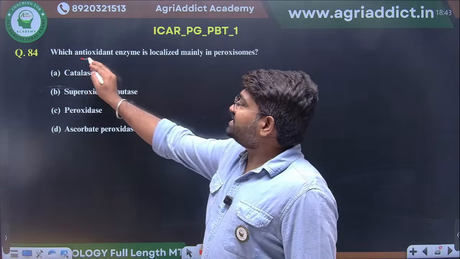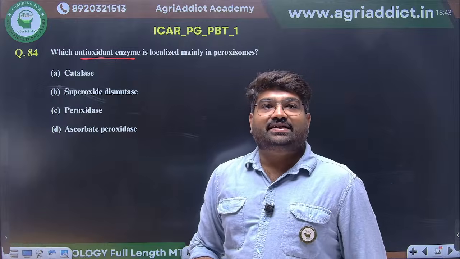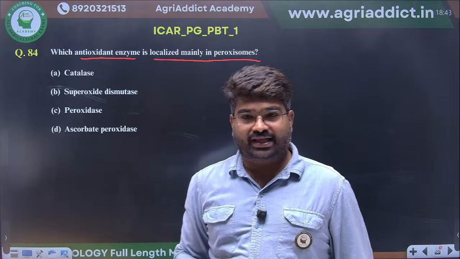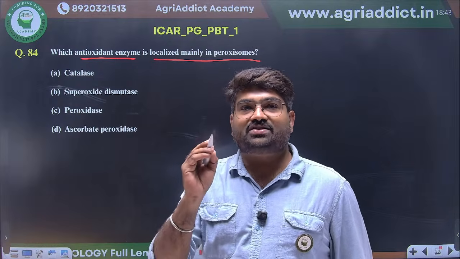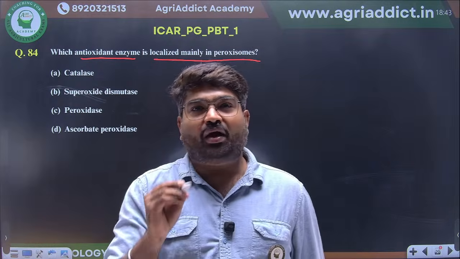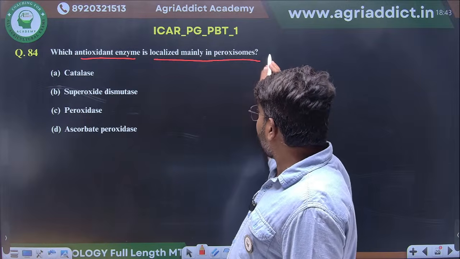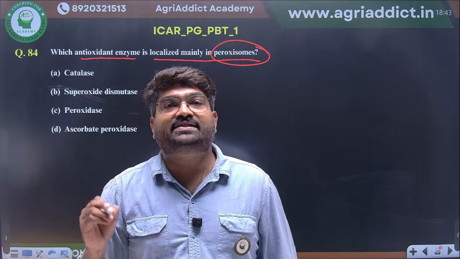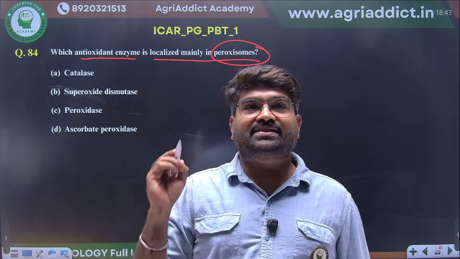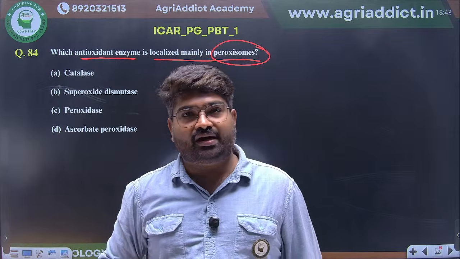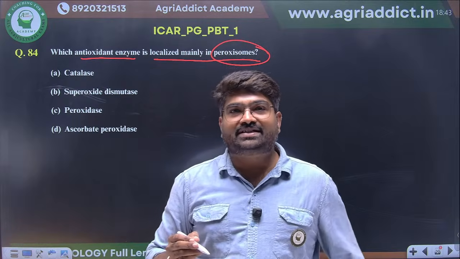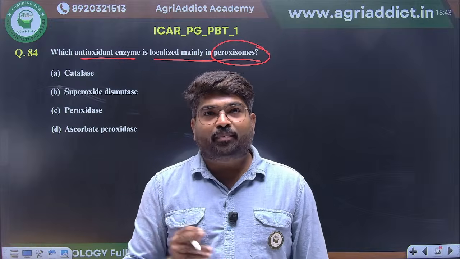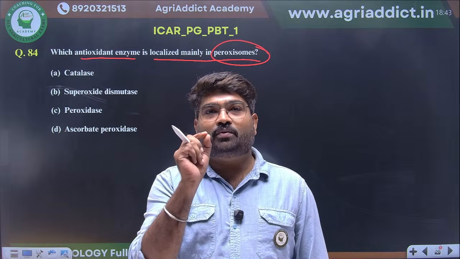Which antioxidant enzyme is localized mainly in the peroxisome? They are asking which antioxidant enzyme is mainly localized in peroxisome. This is a very important question. You have to know the marker enzyme for each and every organelle. Marker enzyme means that enzymatic activity will be present particularly in that one organelle only.